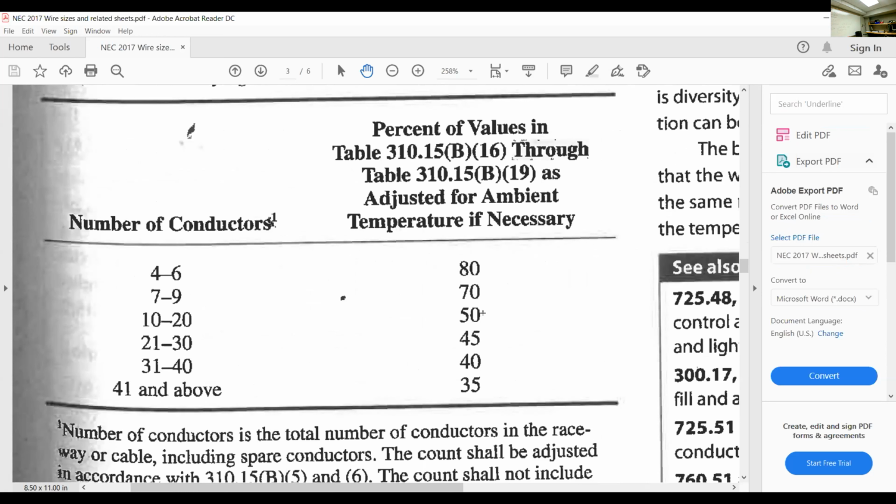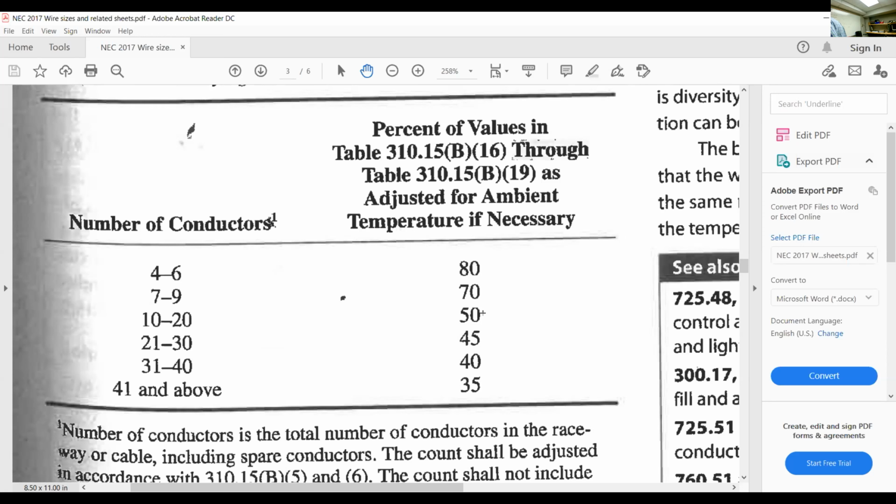What is it right off the bat? Somebody tell me, 55 amps times 0.91. Somebody get a calculator. We're taking a wire size that can draw 55 amps. 50.